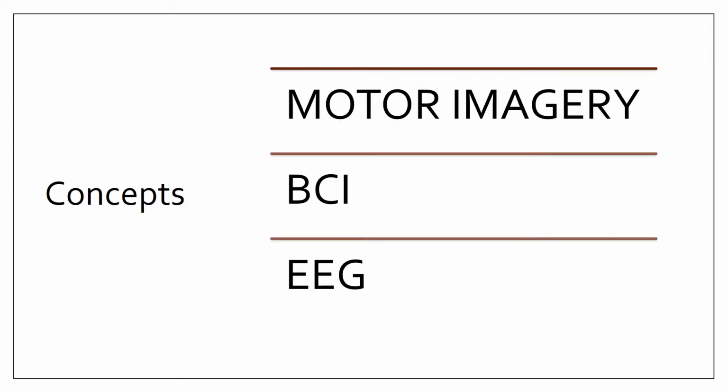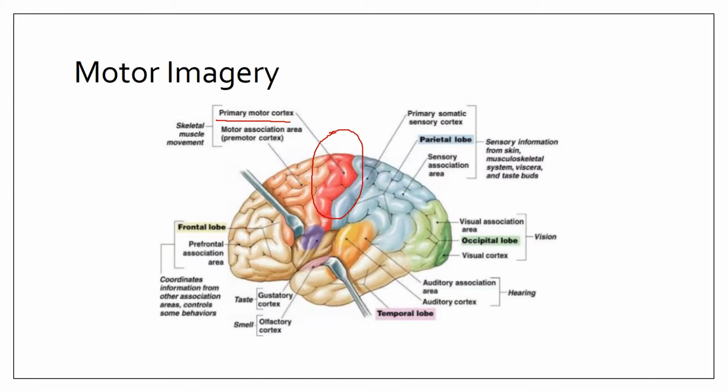Before going in depth with our methodology, it is necessary to cover some concepts first, which are motor imagery, BCI, and EEG. Motor imagery is the mental execution of a movement without any overt movement or peripheral activation.